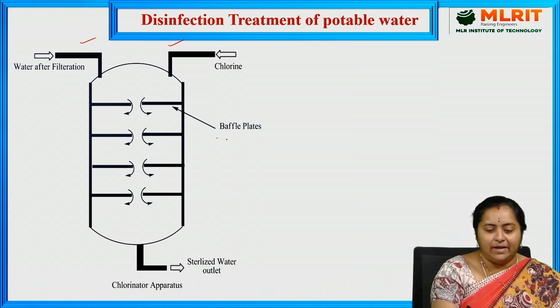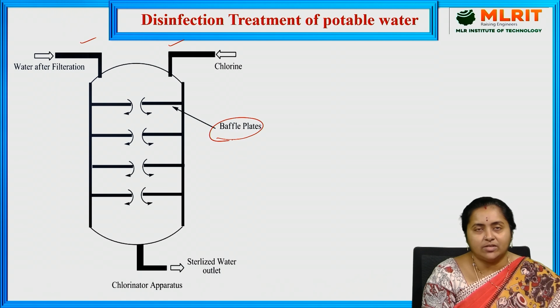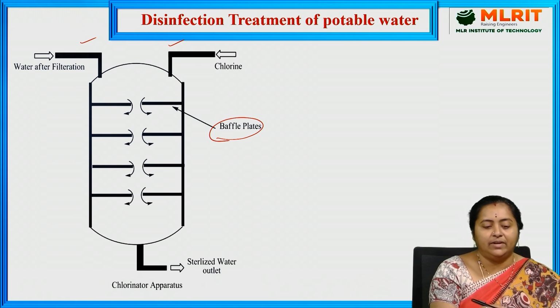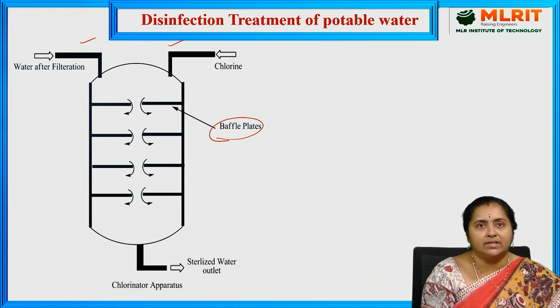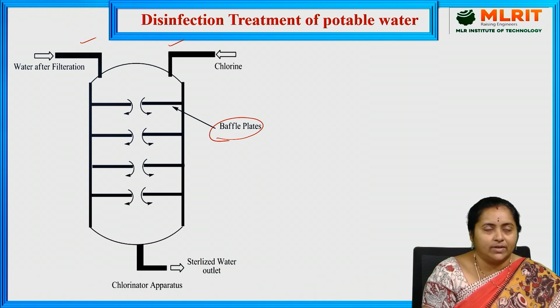These are baffle plates. Baffle plates are meant for holding back the water sample that contains microorganisms. After that, what will happen? The chlorine mixes vigorously with the water content.